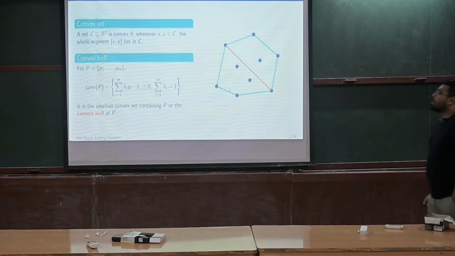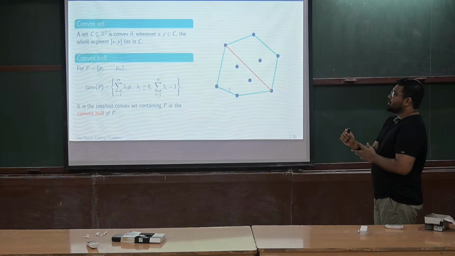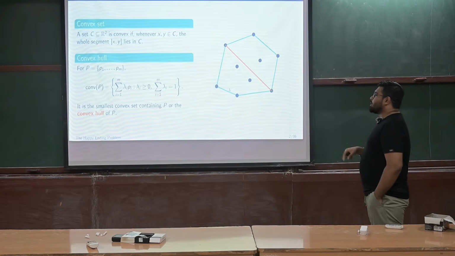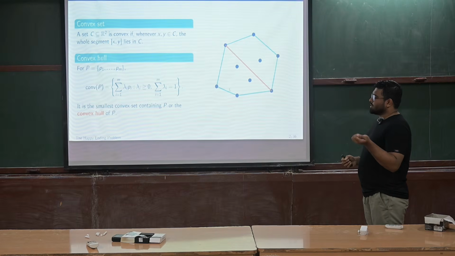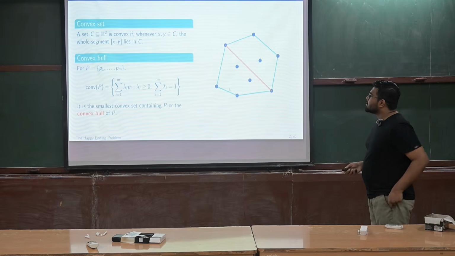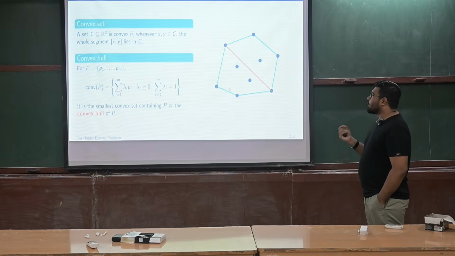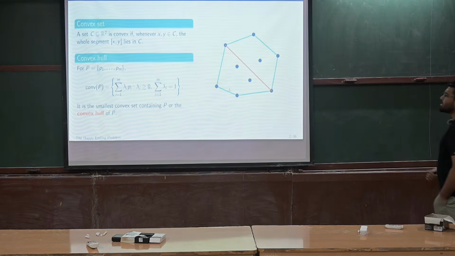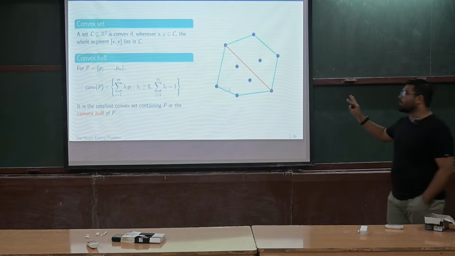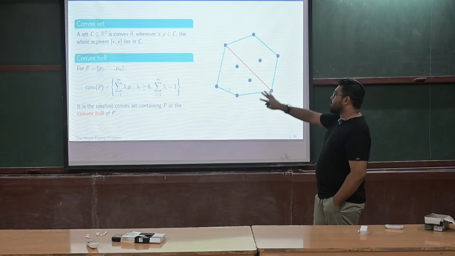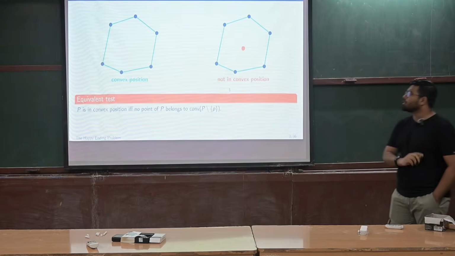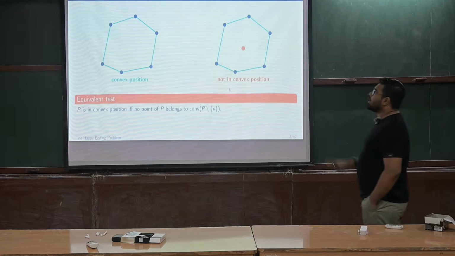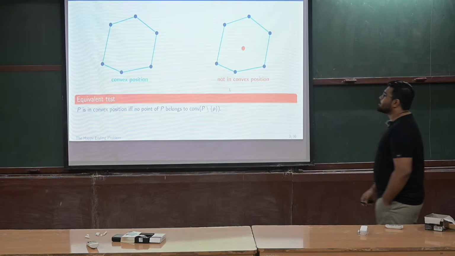For a set P, P1 through Pm, the convex hull of P is the set of all linear combinations of these points, where the sum of all the scalars used in the linear combination is exactly 1. That is the smallest convex set containing this set of points P. Moving on, this is something that I will use as terminology, which I'll call convex position.